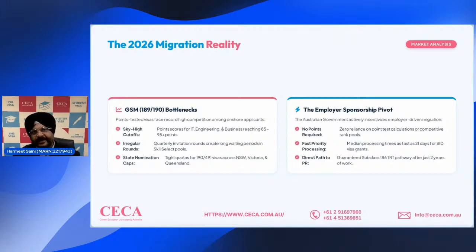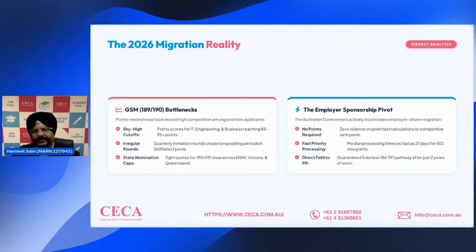But for employer sponsorship categories there is no such waiting period, so the median processing time is short. These visas are processed very quickly, and we have seen 482 visas processed within as little as 21 days, based on visa grant notifications, especially for the 482 visa.